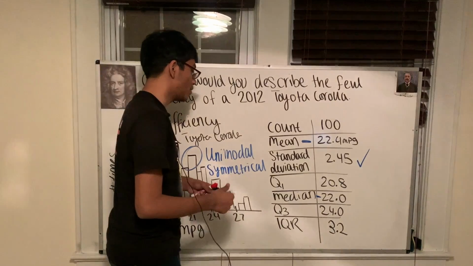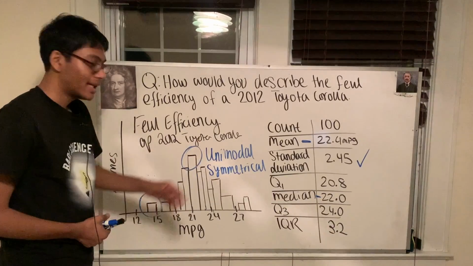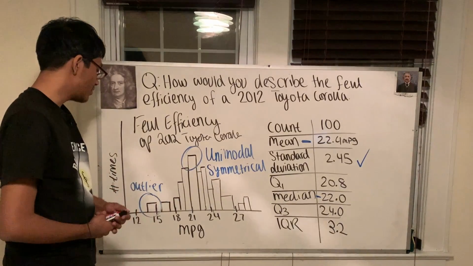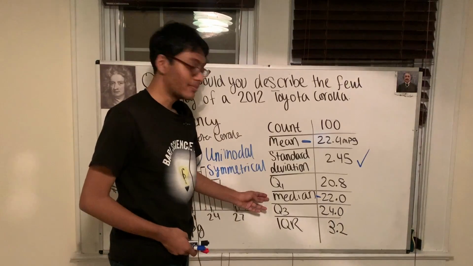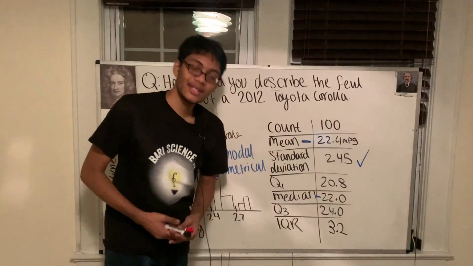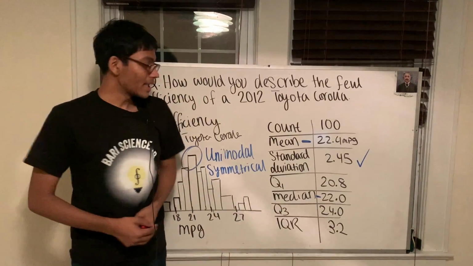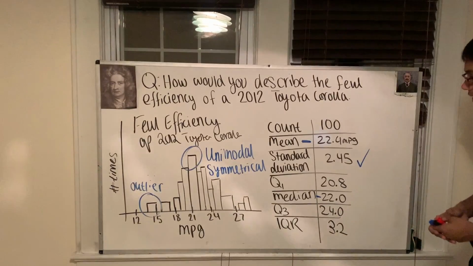So we've concluded that this distribution is unimodal, it's symmetrical, there's an outlier at 15 miles per gallon, the mean is about equal to the median, which tells us it's symmetrical, and finally we've interpreted the standard deviation. Ladies and gentlemen, we've done our job in interpreting this amazing histogram.